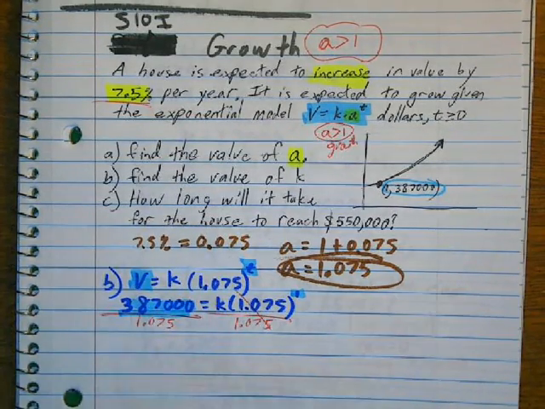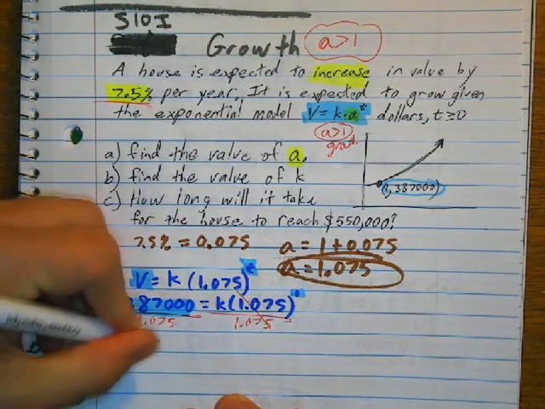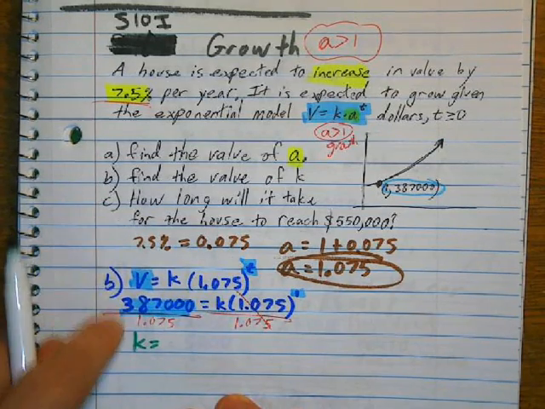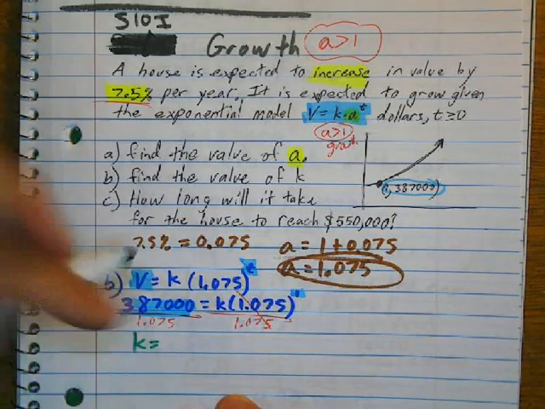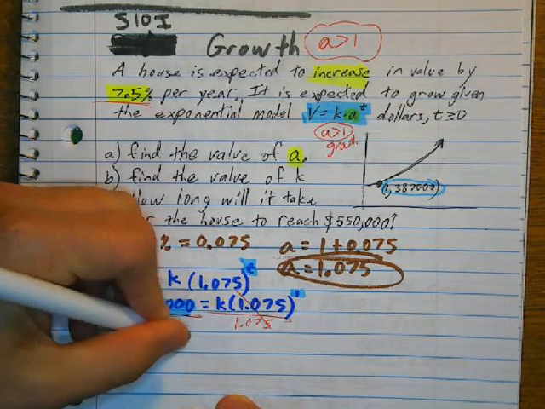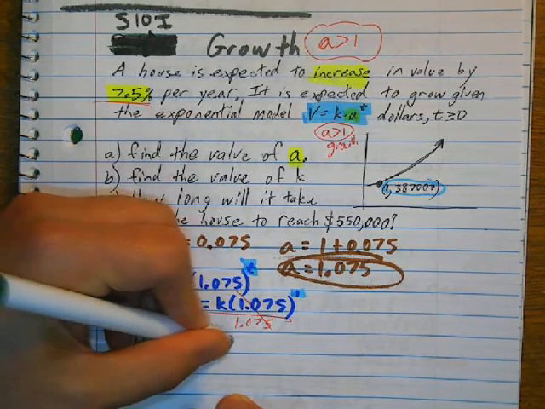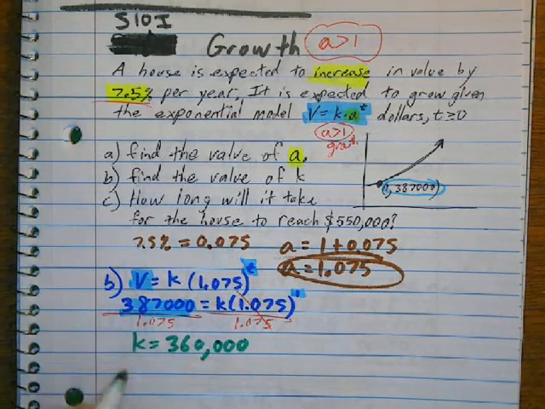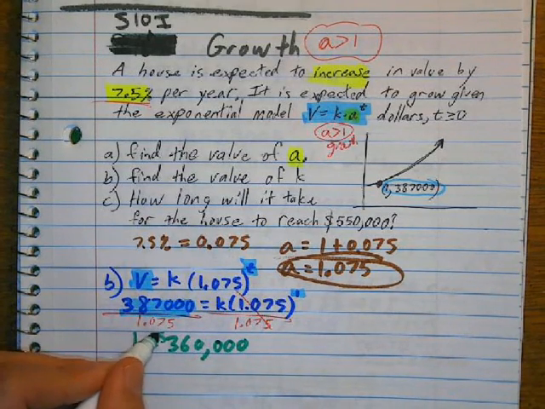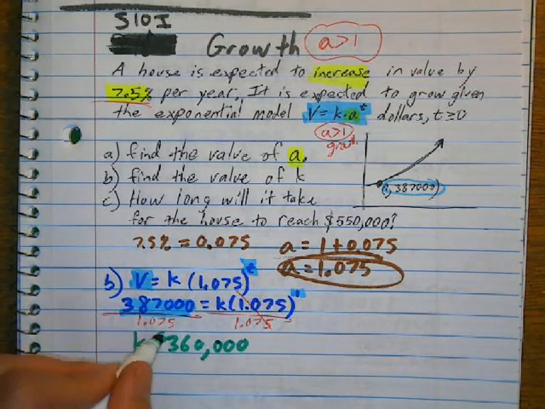So k is equal to this divided by 1.075, which is going to give me 360,000. Oh, it's not dollars. Just 360.